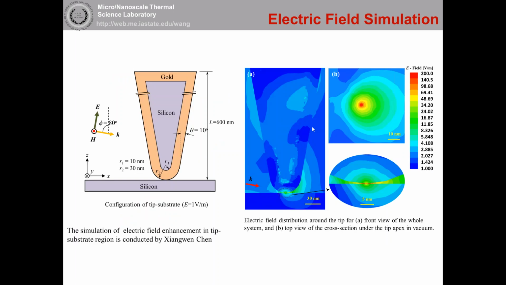And then we simulate the optical focusing effect. It is a quite complicated system: a silicon substrate, a silicon tip core, and gold surrounding the tip. We simulate the optical field focusing within this region, which is very tiny, sub 10 nanometer.